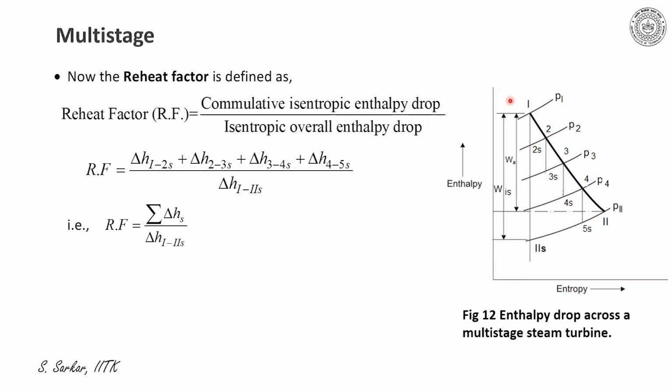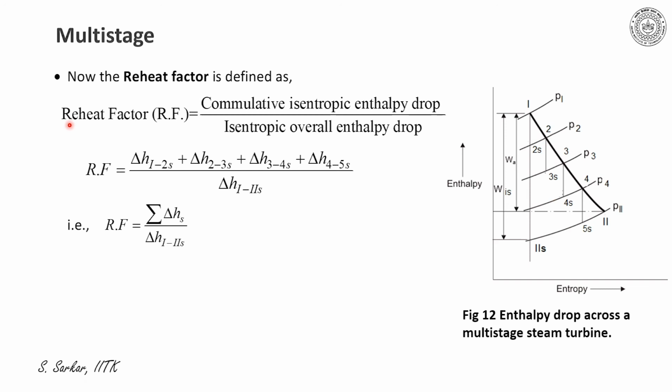Now Roman 1 and 2 represent the inlet and exit of the multi-stage turbine, while 1, 2, 2, 3, 3, 4 and finally 4, 2 represent the expansion in each stage. Therefore, I can define actual and isentropic drop of enthalpy of every stage.